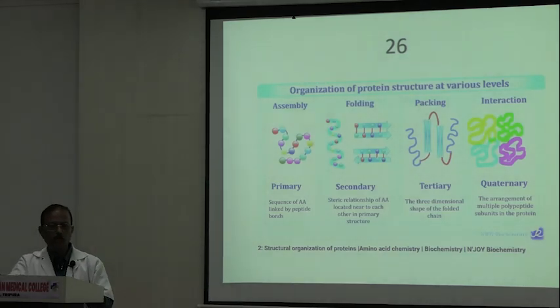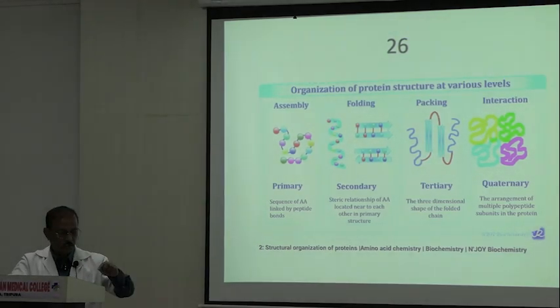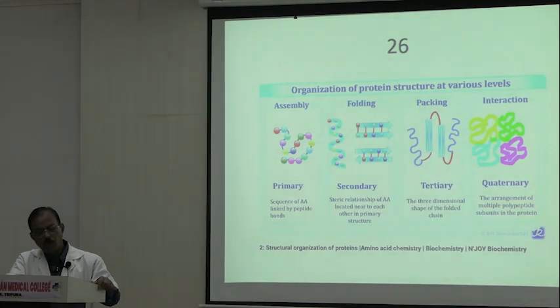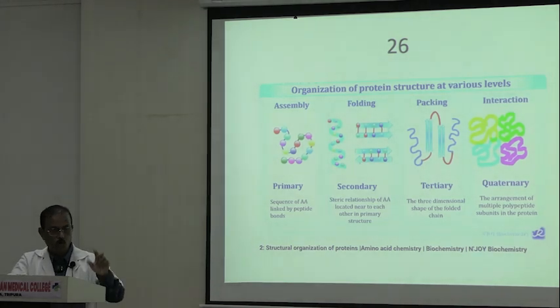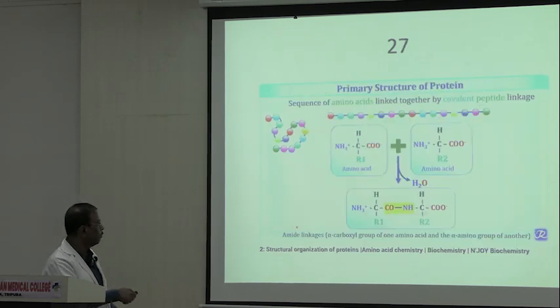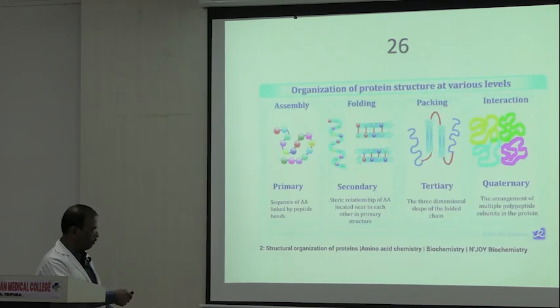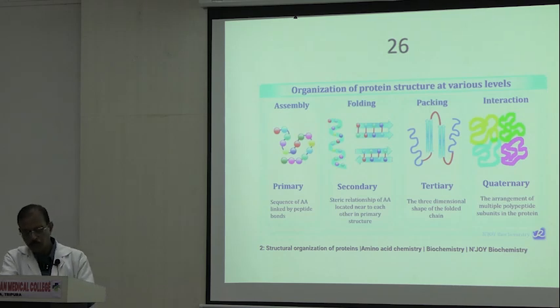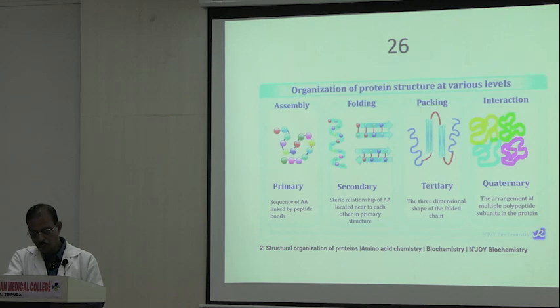Now, the total number of amino acids involved in this 360-degree turn is 3.6, not even 4 amino acids. 3.6 amino acids are there in one turn, from here to here. The distance between amino acids is 0.15 nanometer.